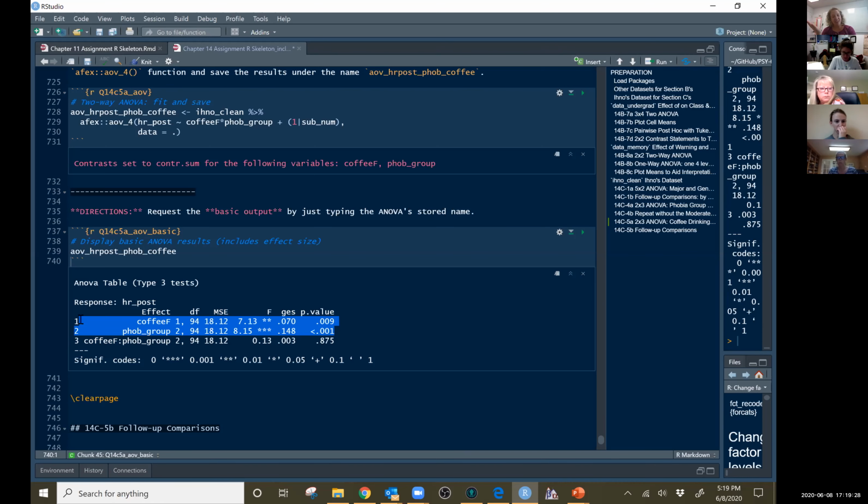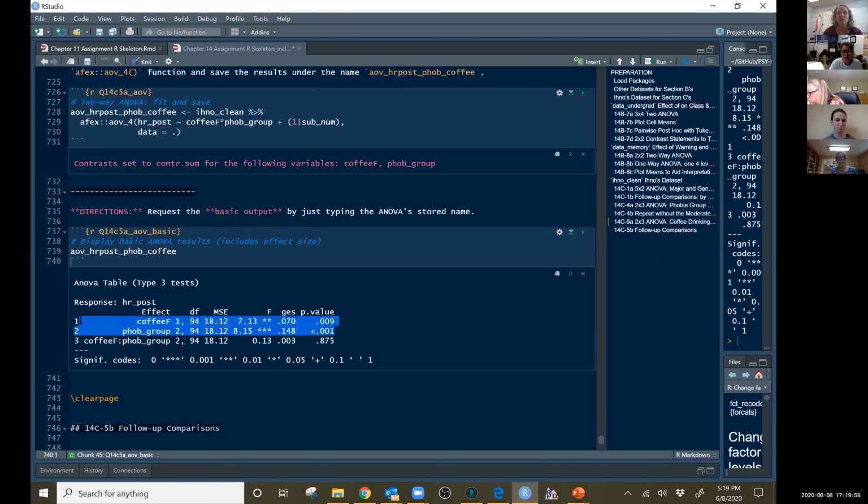So coffee does affect heart rate, and phobia does affect heart rate, but they don't moderate each other. Which has a bigger effect size? The phobia group. Phobia group accounts for double the variation that coffee drinking does.